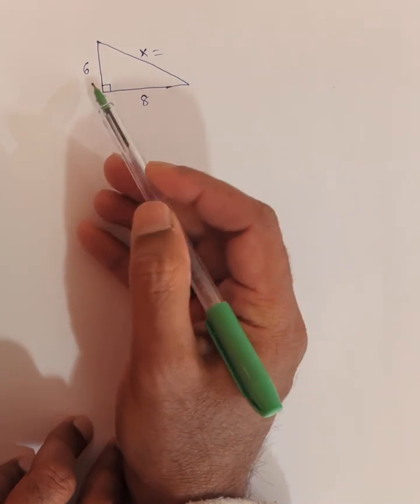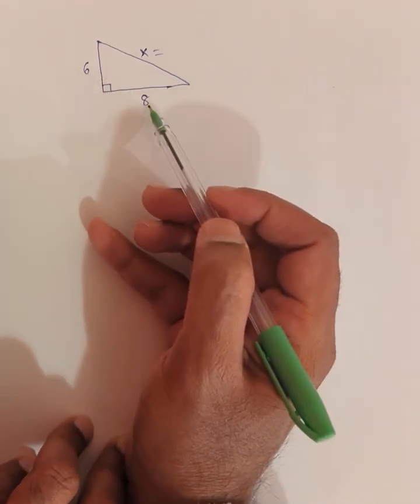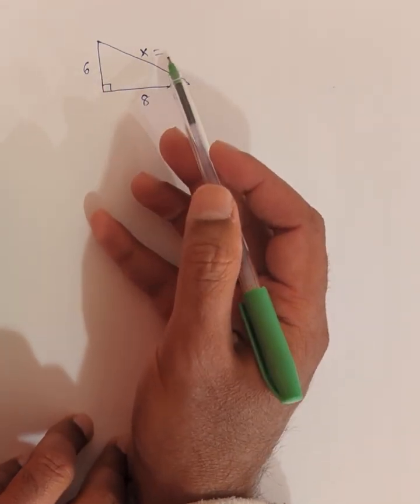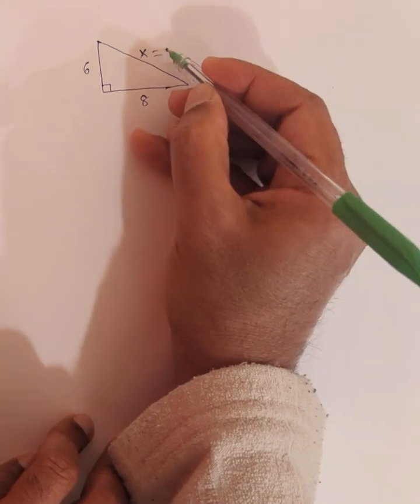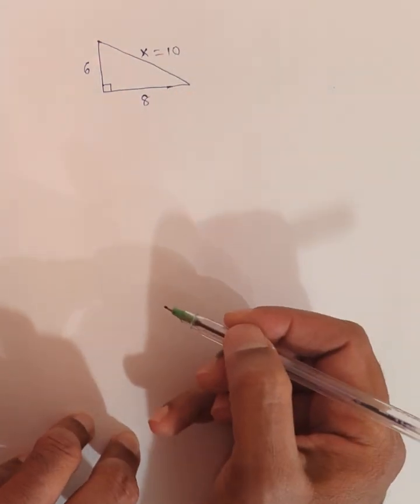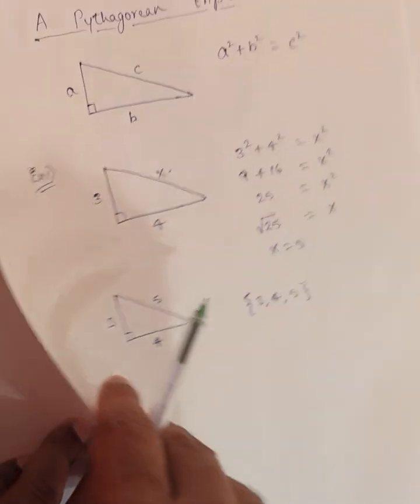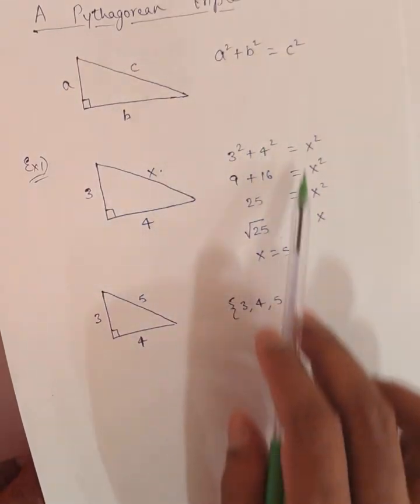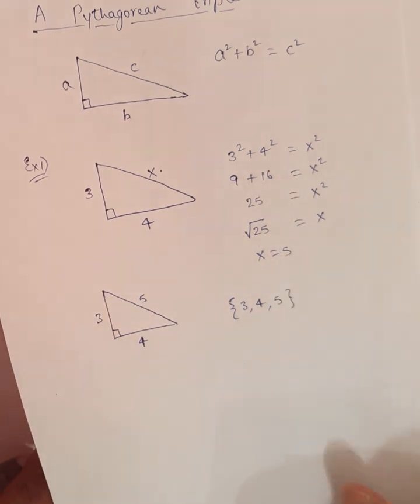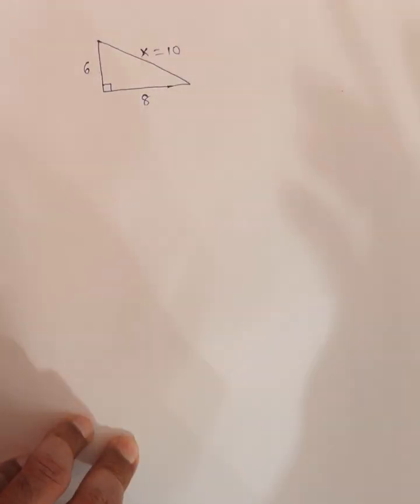Well, you can say that this is the double of 3, that's the double of 4, so this has to be the double of 5. So that would have to be 10. Without writing down the theorem and showing all these steps, we can get it right away.